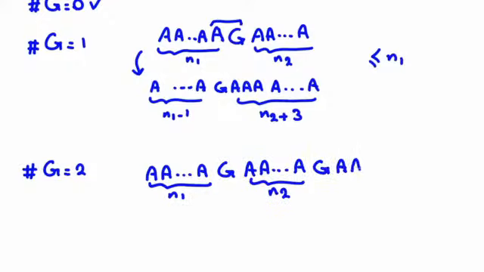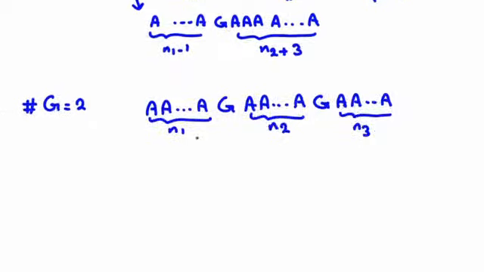Then after the second G, the number of A's equals n3. Now I want to see how many times I can apply the operation on this G. Because I have only n1 before this G, I can do it at most n1 times.